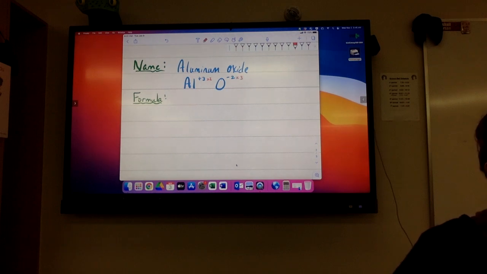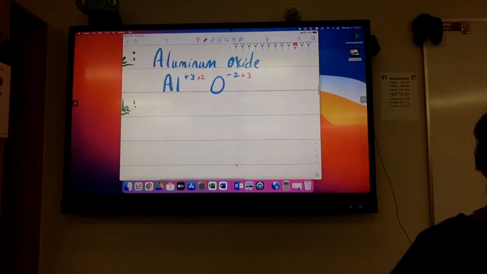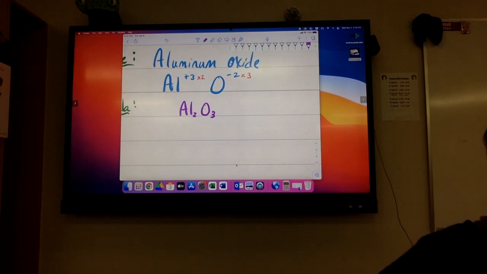That'll get it, yes? So those pink numbers are going to become my subscripts. Al2O3. So they don't have to be the same number, they can be different numbers. You've got to make sure they cancel. Very good.